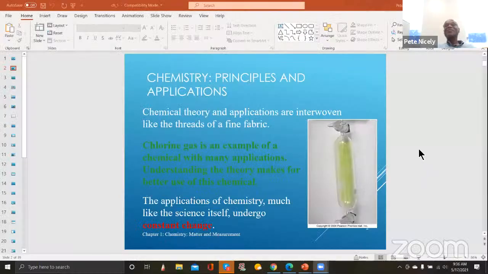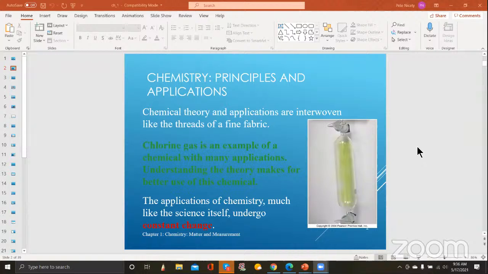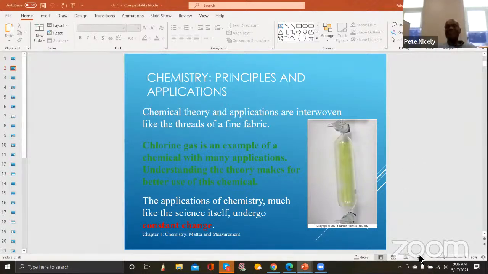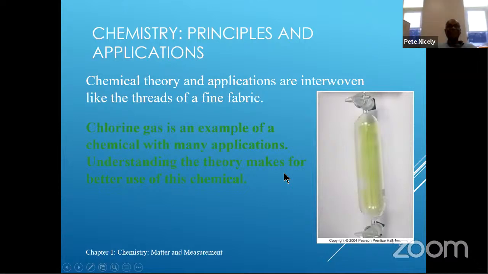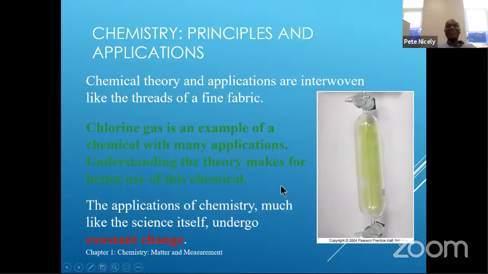Okay, can you see my screen now? Yep, all good. Okay, good. Folks, don't be afraid to let me know if things are not showing up on the screen or if you can't hear me, because I'm still learning this Zoom thing. Just when I think I've gotten a handle on it, I learn something else about it.